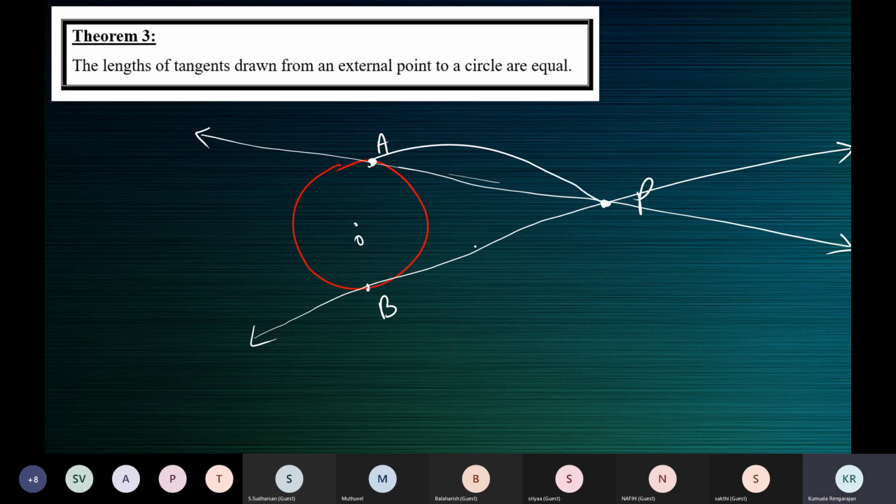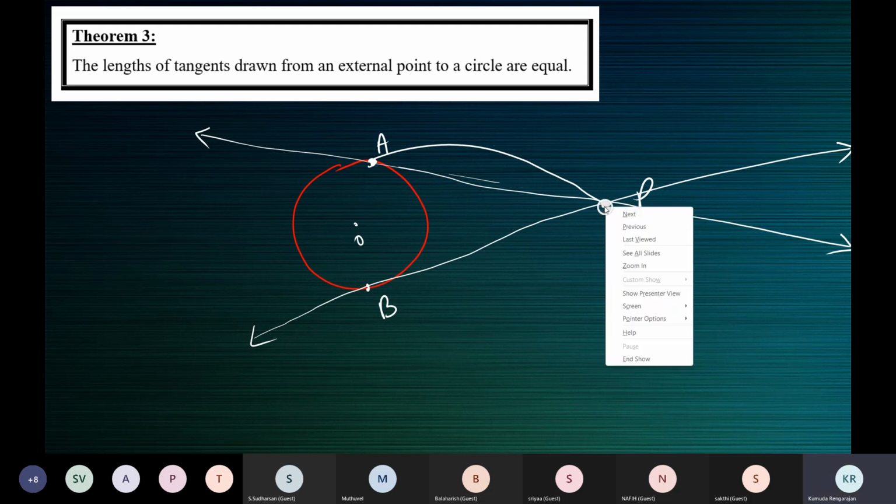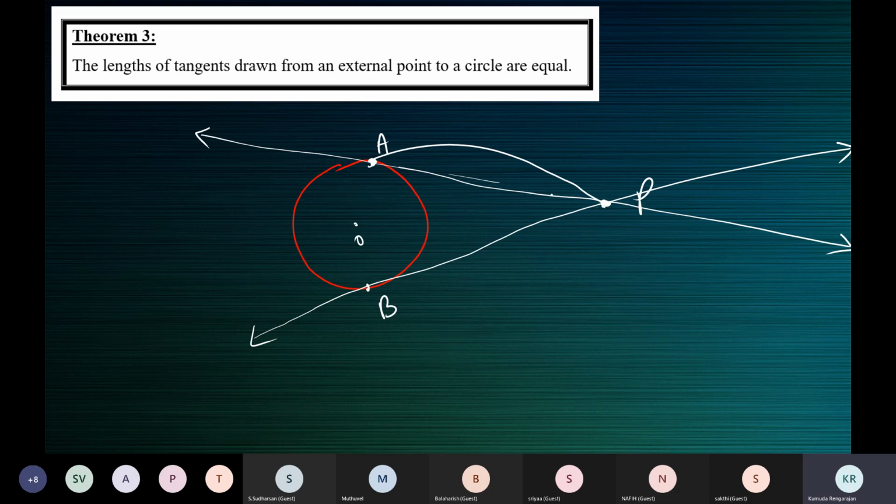AP is a tangent segment because P is a point on the tangent and A is the point of contact. The length of the line segment between the point of contact and any other point on the tangent is the length of the tangent segment.